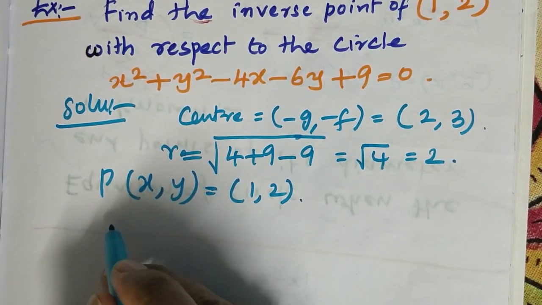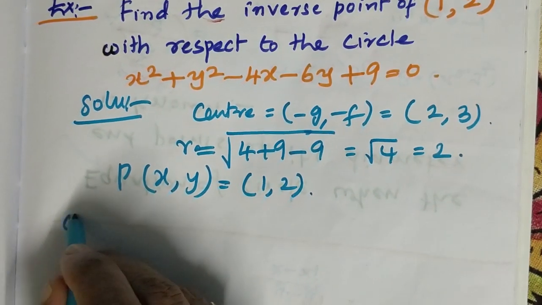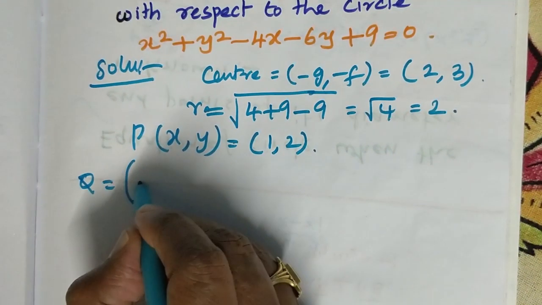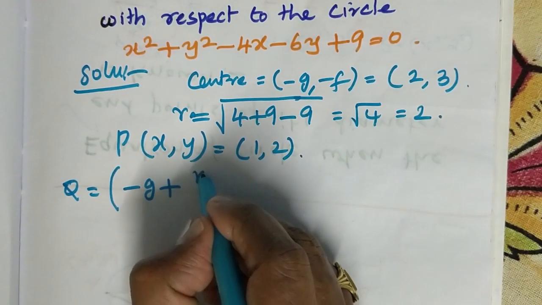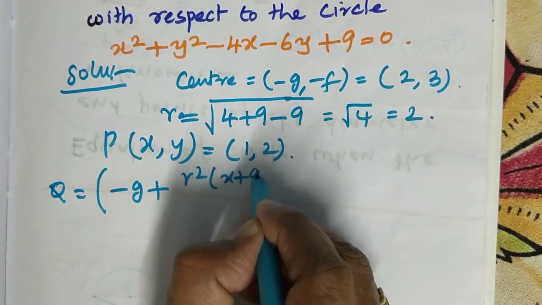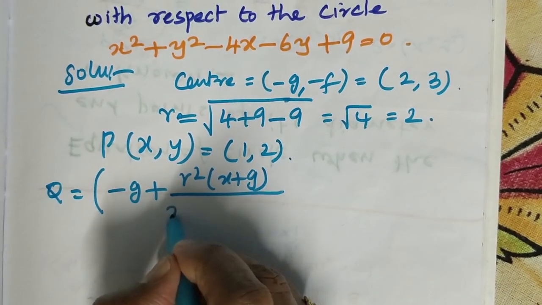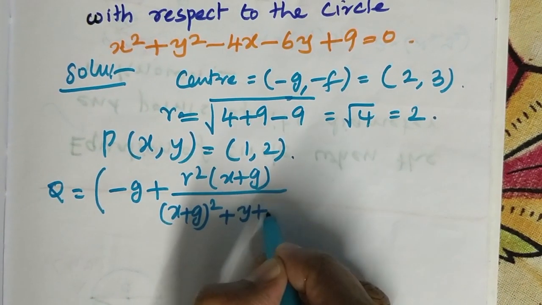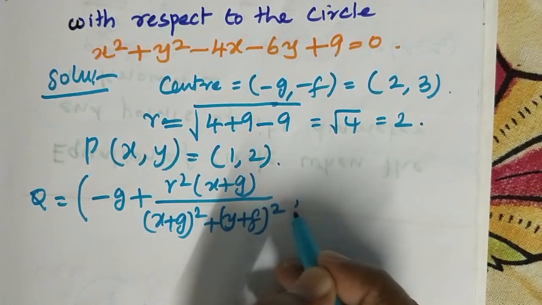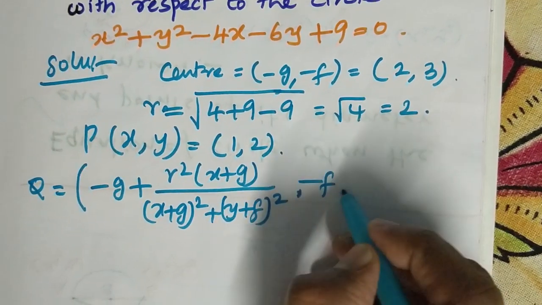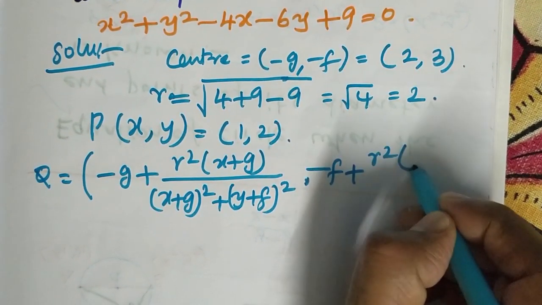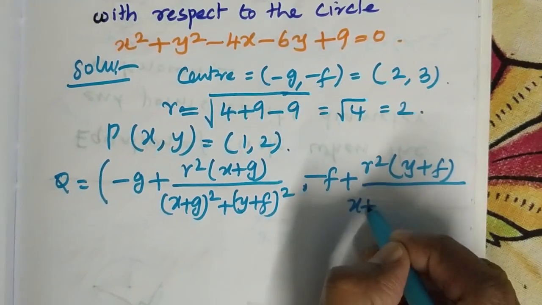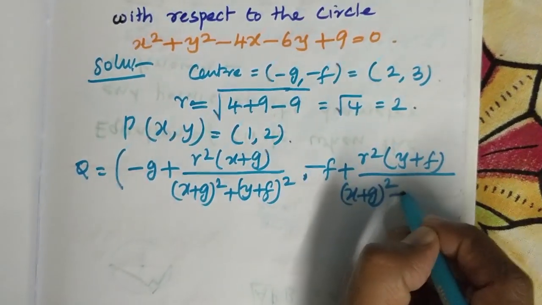I want to find the Q is equal to minus g plus r square into x plus g by x plus g whole square plus y plus f whole square, comma minus f plus r square into y plus f by x plus g whole square plus y plus f whole square.